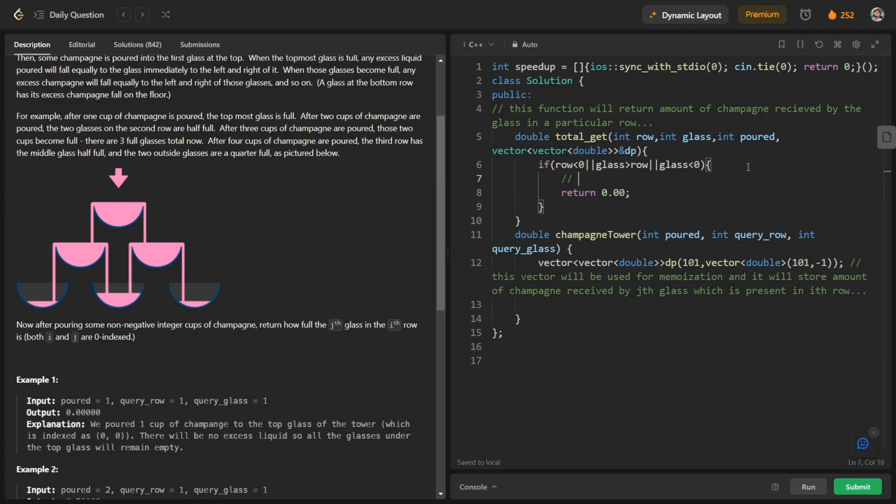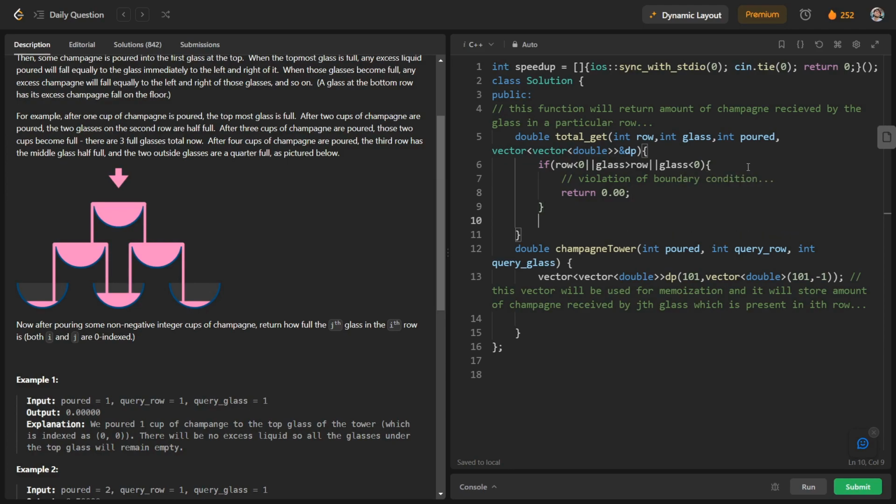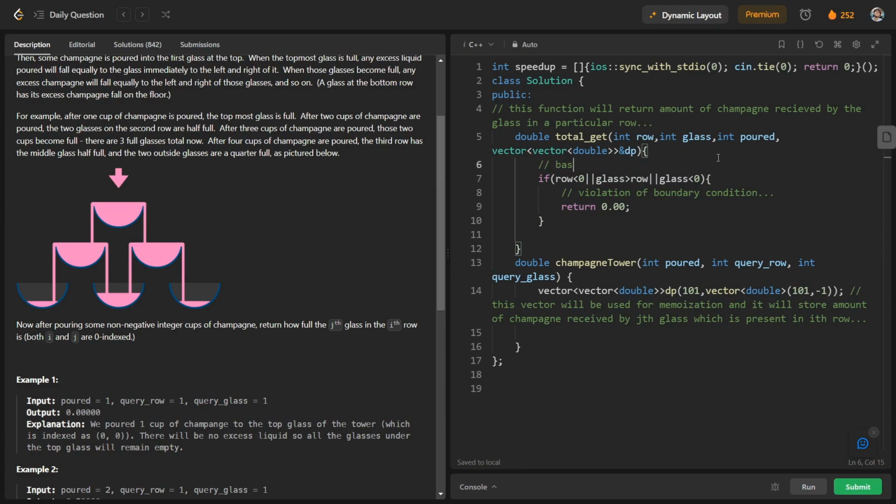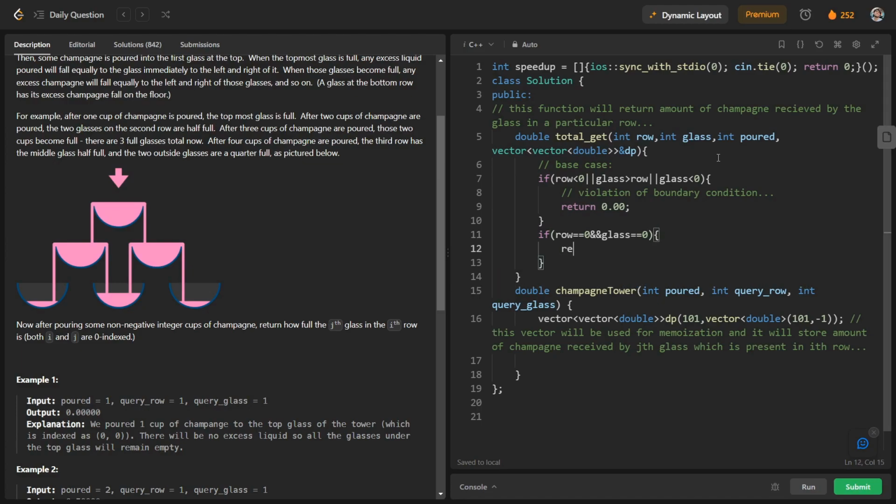It is a violation of boundary conditions. These are the base cases. Talking about another base case, if row is equal to 0 and glass is also equal to 0, we will just return poured.